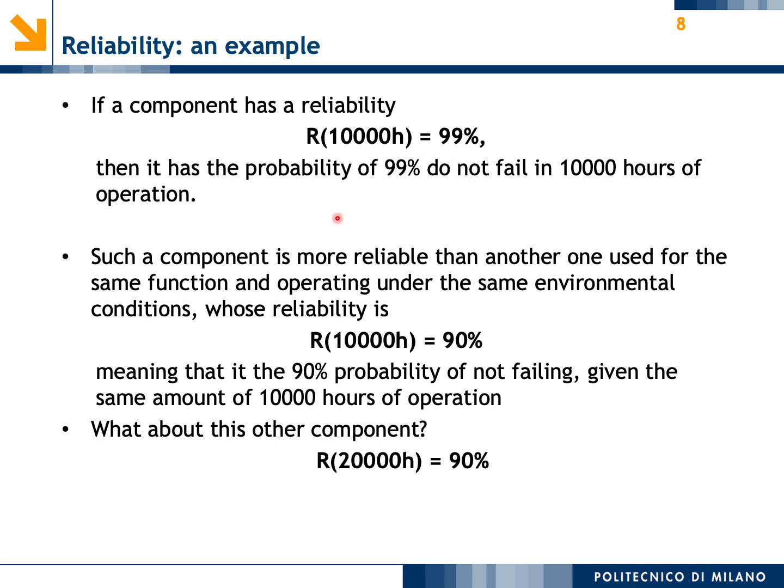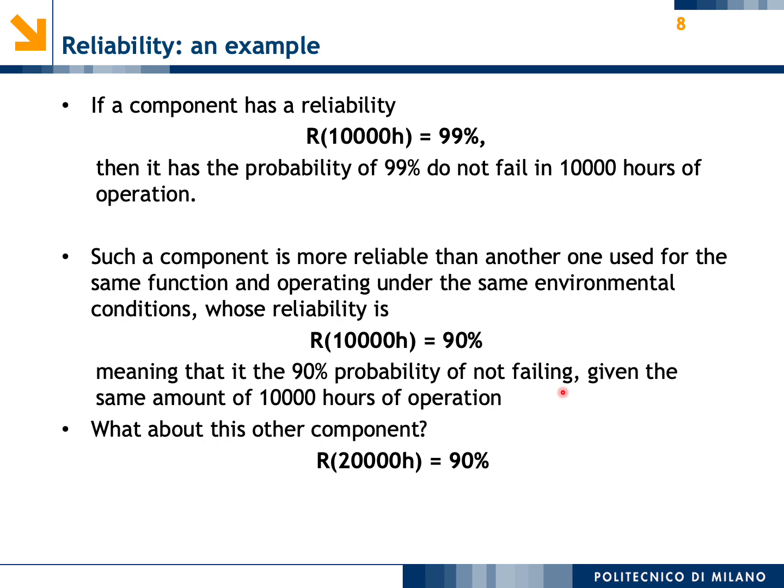Now, let us consider another component with the same functionality as the previous one, that after 10,000 hours has a reliability value equal to 90%, meaning that the probability that the component does not fail in the first 10,000 hours is 0.9, so that 1 out of 10 components failed before that moment. In this case, we can easily say that the first one is more reliable than the second one, after 10,000 hours.